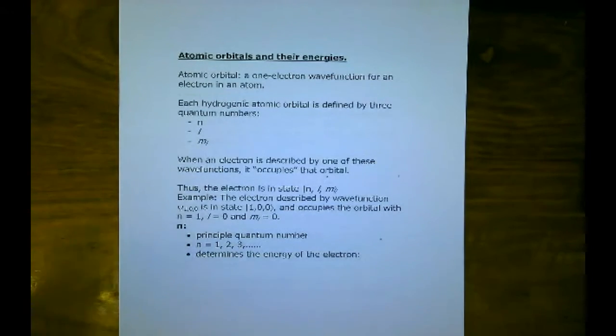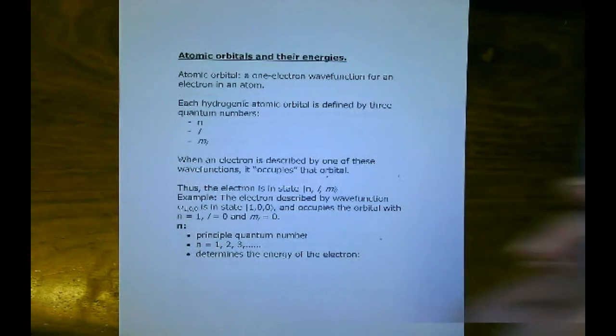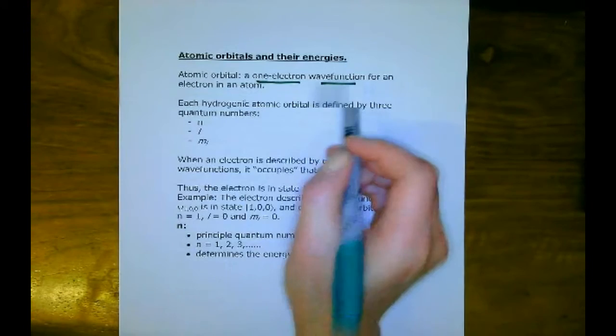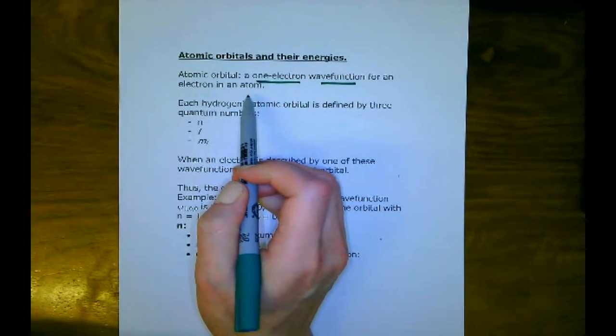Okay, so this brings us to something that you have heard about since school days, but it has never been defined properly from first principles, so now we can do that. And that is what an atomic orbital is. An atomic orbital is a one electron wave function for an electron in an atom.